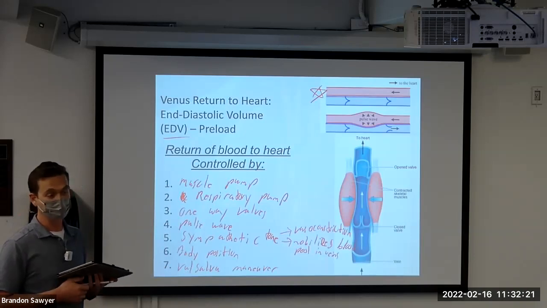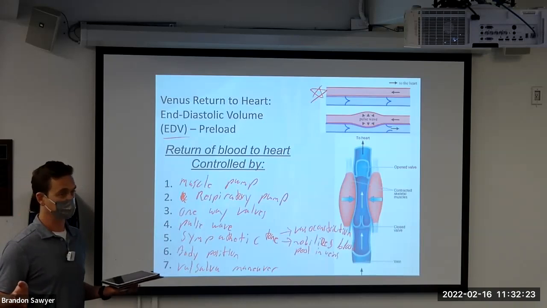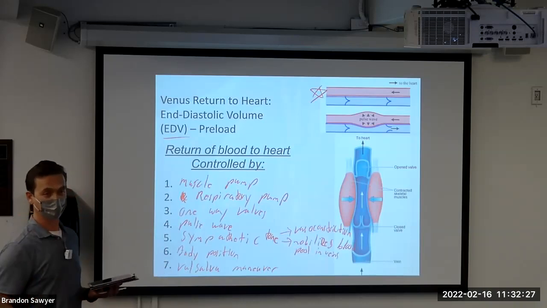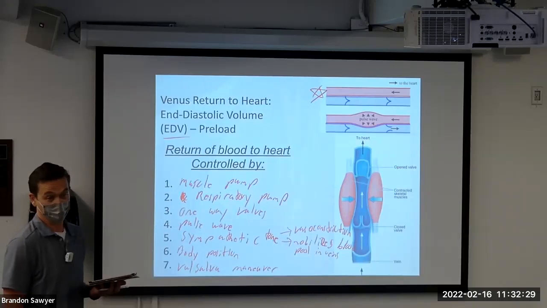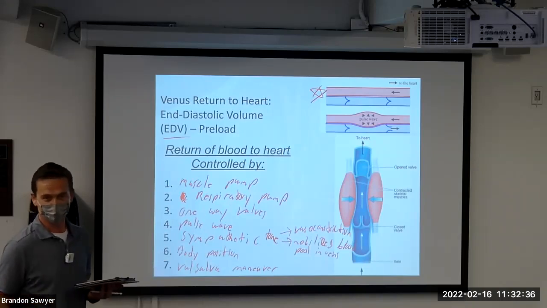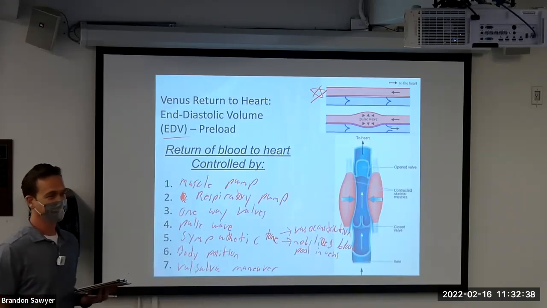There's zero chance that your heart can produce that much pressure. It just can't, right? So there's no way you can open up your aortic valve during that time. It's just not going to happen. So your cardiac output is zero during that time, and if you hold that for too long, you're going to pass out, because there's no blood coming out of your heart.